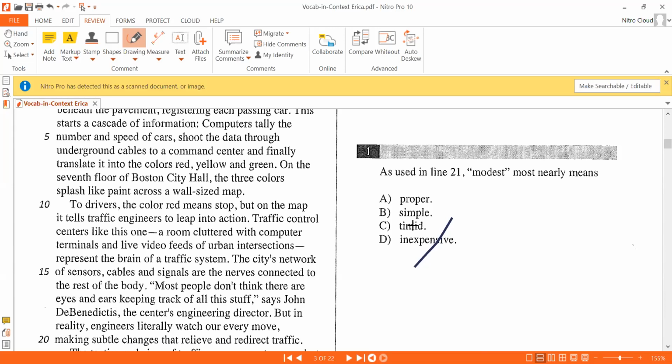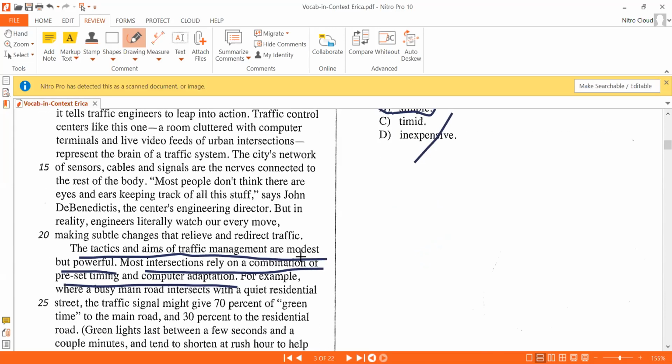Now, simple here gives us the word we're looking for, which is not complicated. So I'm going to keep it. But again, proper here means suitable, but again, it's positive. And if we play positive and negative, if you look at the original sentence, are modest but powerful.